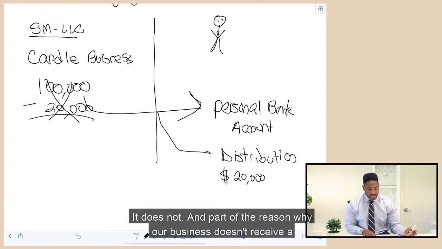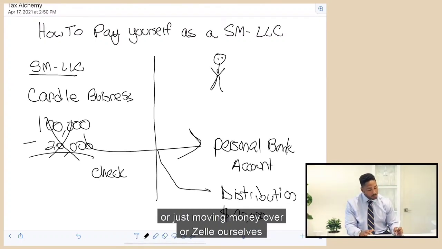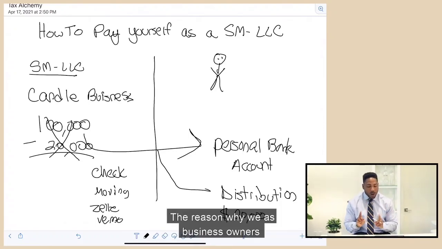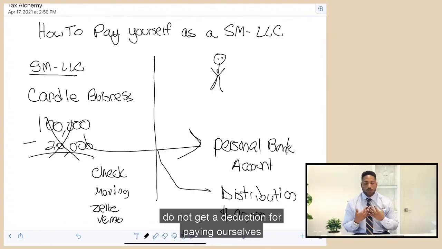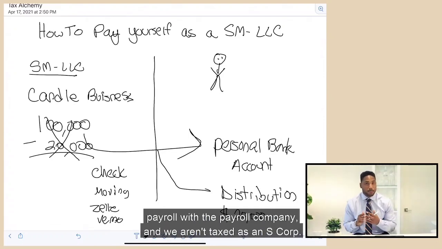It does not. And part of the reason why our business doesn't receive a deduction when we're a single member LLC, writing ourselves a check, or just moving money over, or Zelling ourselves, or even Venmoing ourselves, is because we aren't processing payroll with a payroll company and we aren't taxed as an S corporation.